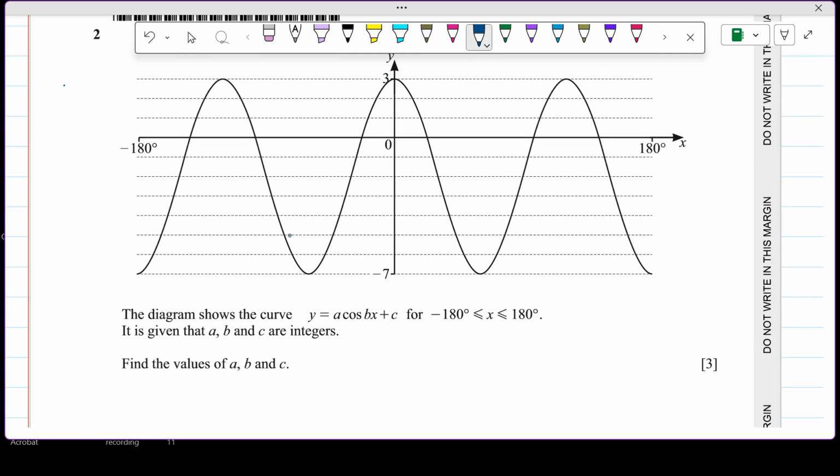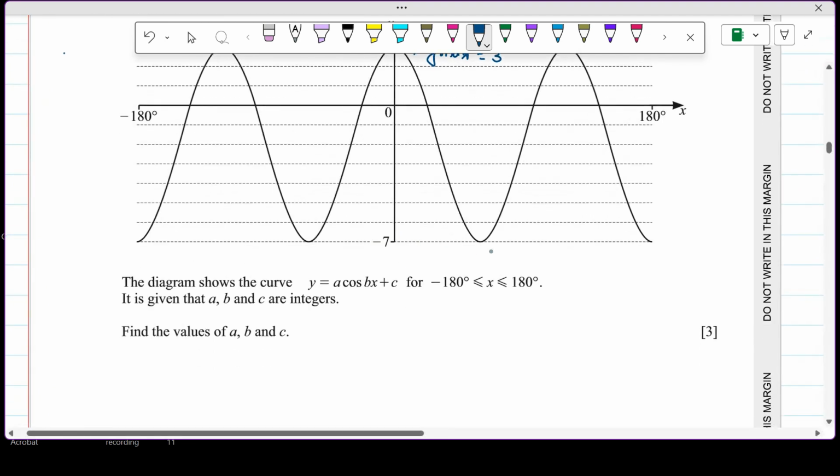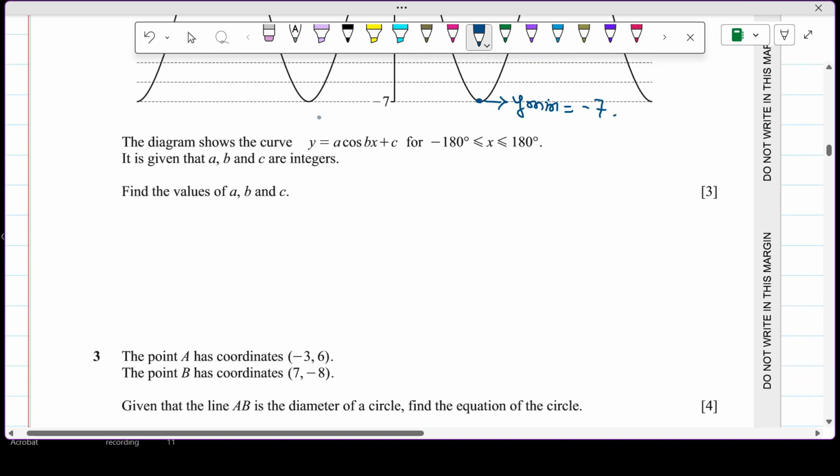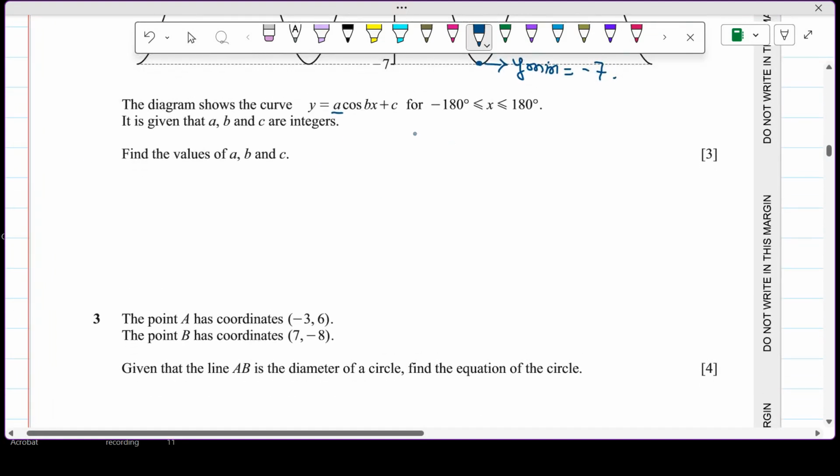You can see that this curve has the maximum value of y, which is y max, which is 3, and the minimum value of y, which is y min, and this one is equal to negative 7. To find the value of a, we use the formula a equals y max minus y min over 2.